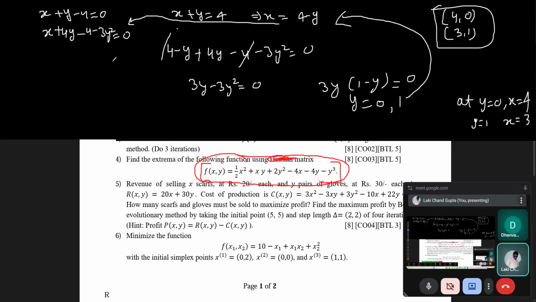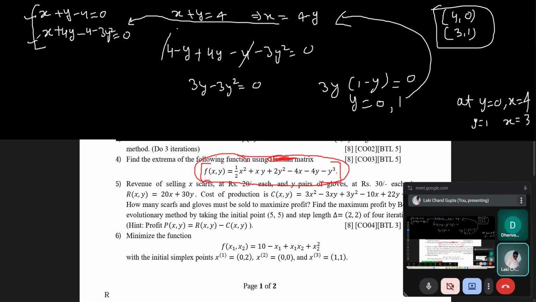Okay. So it is not necessary that you will get an explicit equation. Explicit means you will not get an equation in the form of x only or y only, right? Sometimes you will get simultaneous equations, and you have to solve these two equations anyhow.